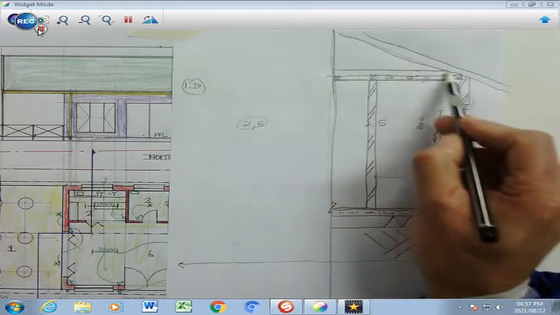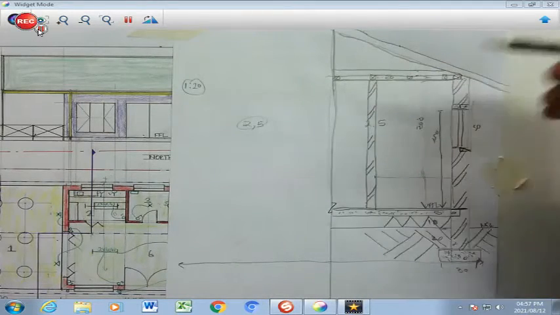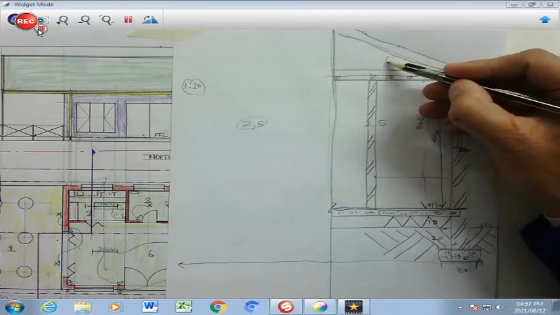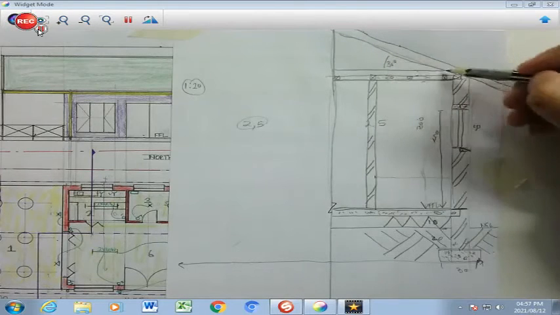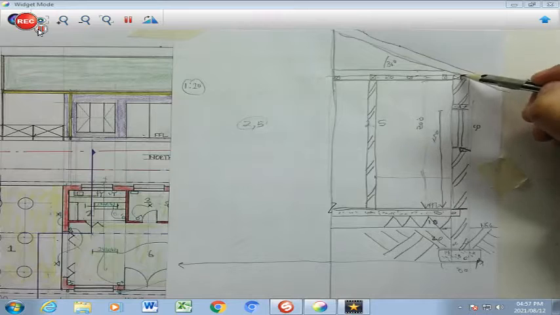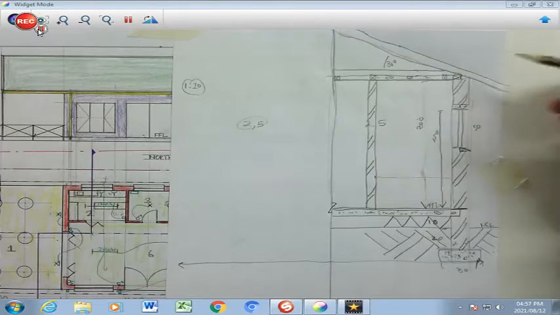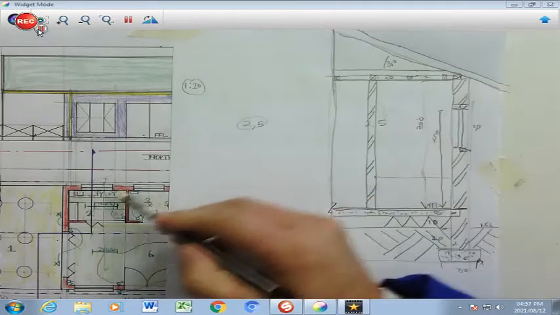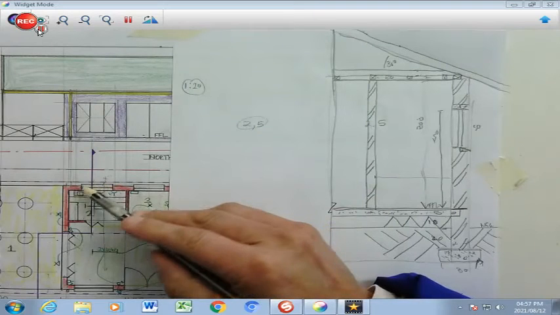So I have this truss which I'm going to draw now. Just keep in mind that this is in fact 30 degrees, and I can draw that with a 30 degree set square from this point over here. I am going to look at my overhang.